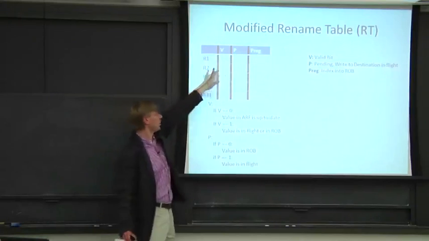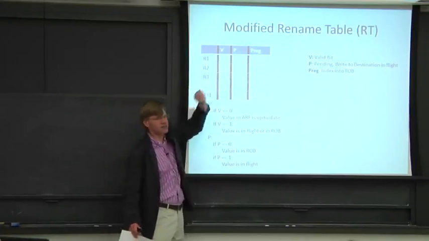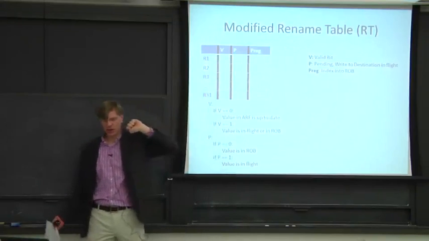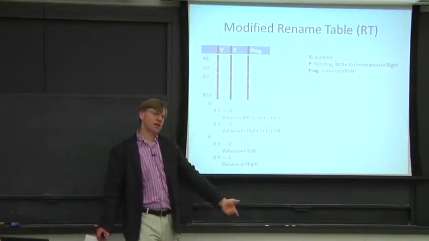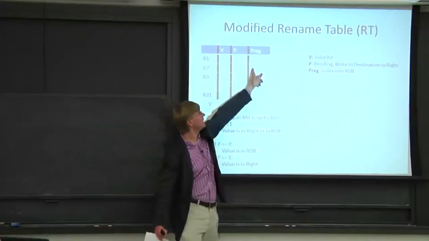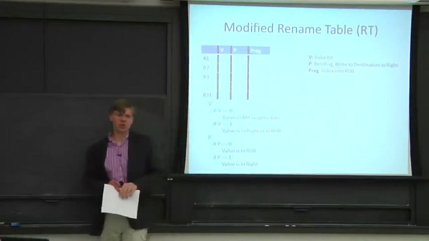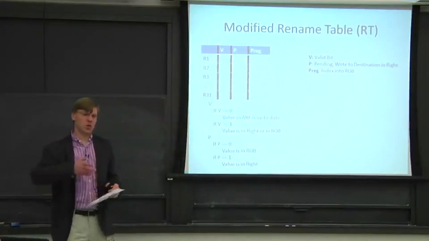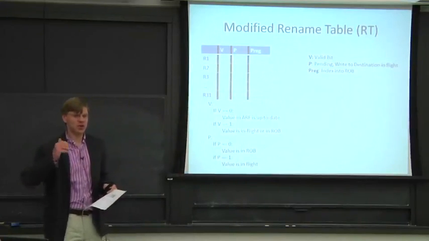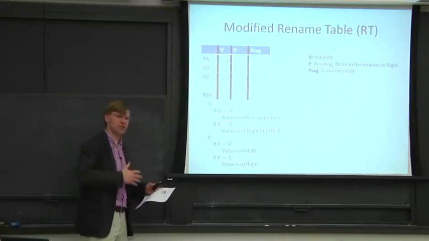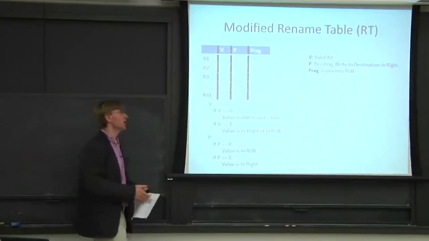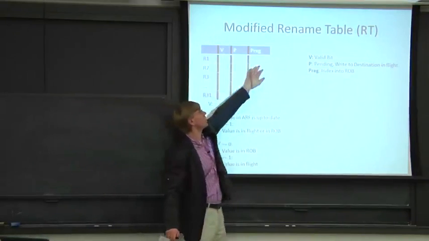It's going to tell us either it's in flight, and it's going to put the identifier into the reorder buffer. So when that value gets into the reorder buffer and the instruction transitions to finish, but maybe not yet committed, it's going to tell us where to go get it. And that's important for subsequent instructions that are going to read the rename table to go find the value.